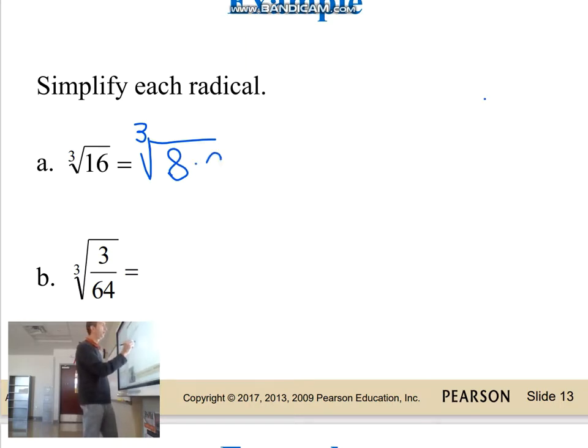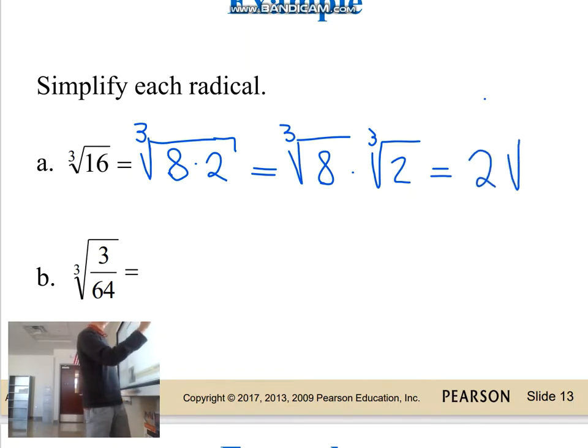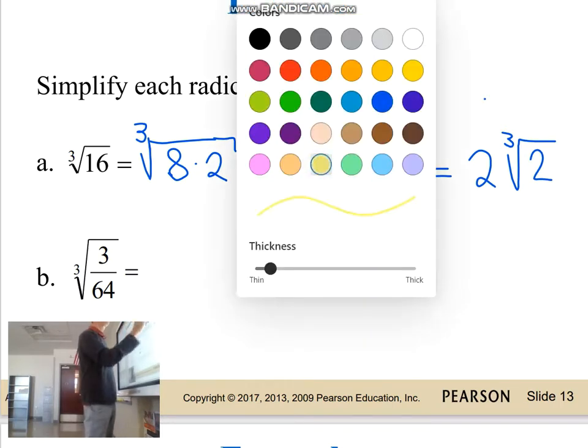If you multiply by 2, you have 16, right? But you can apply the product rule for radicals. Cube root of 8 times cube root of 2, and the simplification results as 2 cube root of 2. That is the answer.